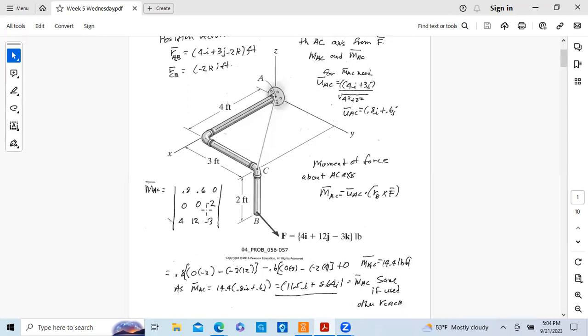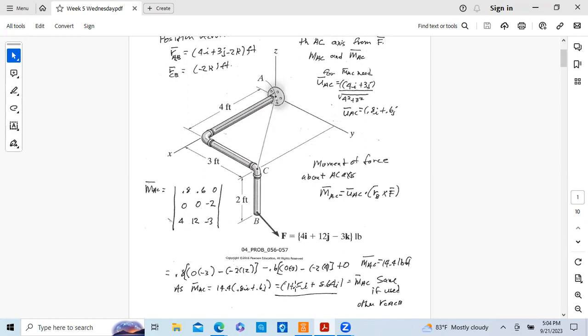And then when we go this way with the term, it's minus, and it's minus 2 times 12, which I have here. The second term is the j, which in this case is going to be the 0.6. The second term always has a minus sign, so it's plus, minus, plus. So it's minus 0.6.